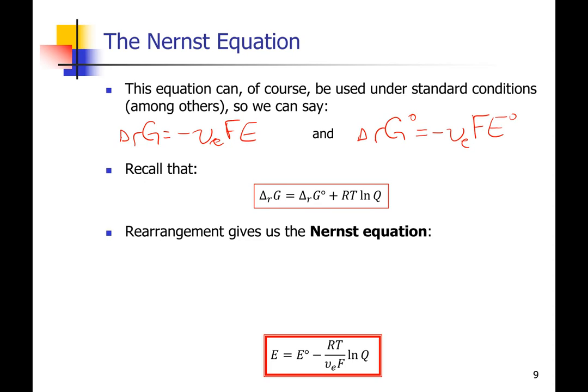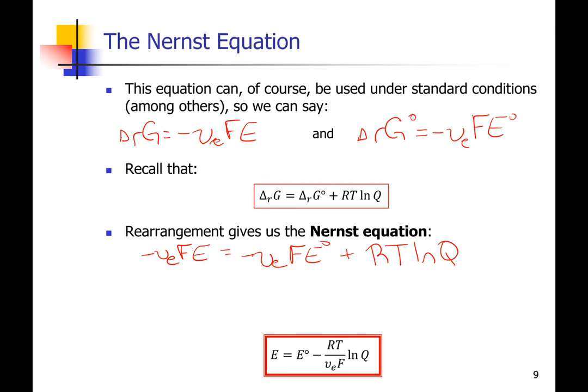Delta G equals delta G naught plus RT ln Q. We can substitute in these two equations at the top to translate that equation into one that, instead of free energies, refers to cell potentials. And so I can say that negative stoichiometric coefficient times Faraday's constant times cell potential is equal to negative stoichiometric coefficient times Faraday's constant times standard cell potential plus ideal gas constant times temperature times natural logarithm of reaction quotient.